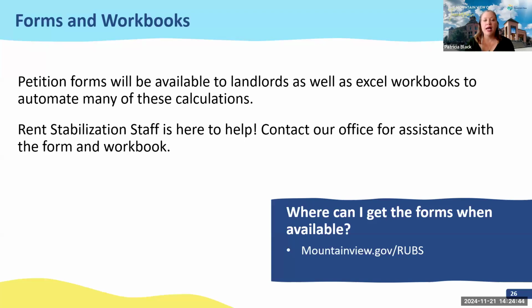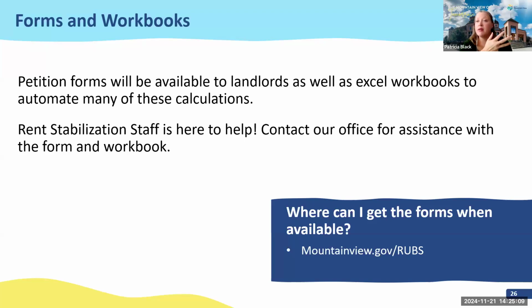So I'm going to go ahead and share my screen. I'm going to go ahead and share the petition form itself that you will need to work out. The workbook, I'm going to share the standard utilities workbook because it's the one that's most applicable to the most people. And then we're going to take a look at the notice of submission form.